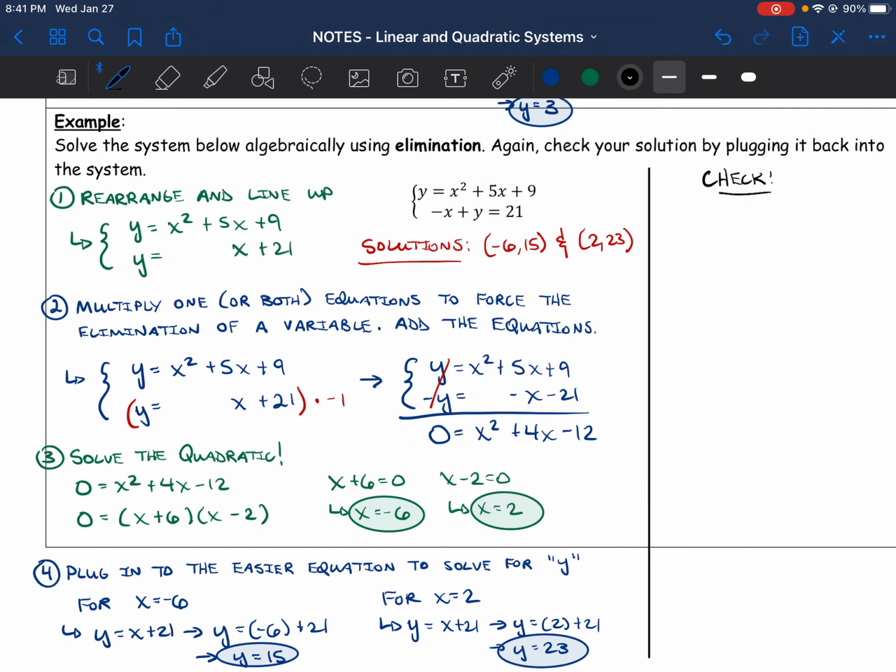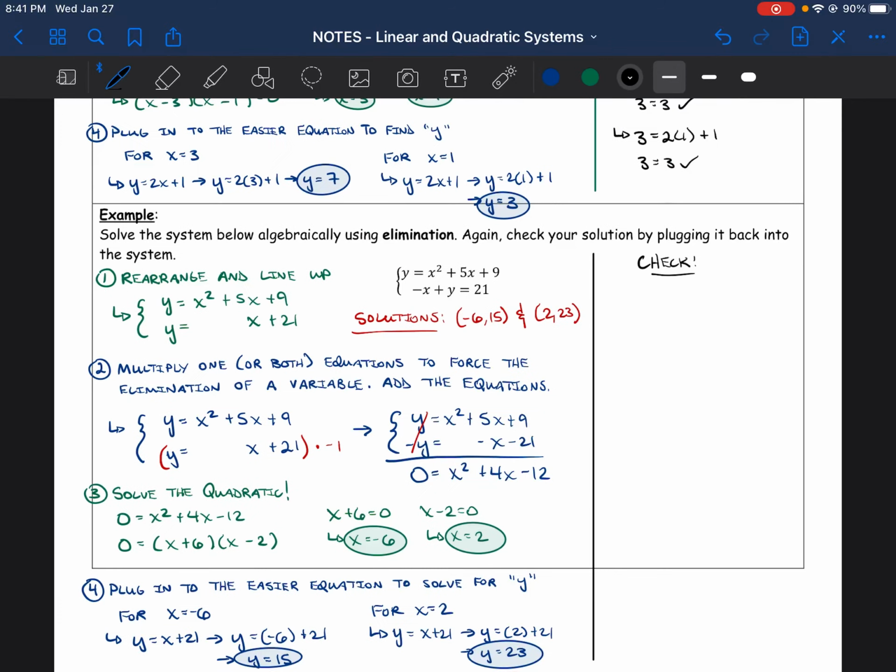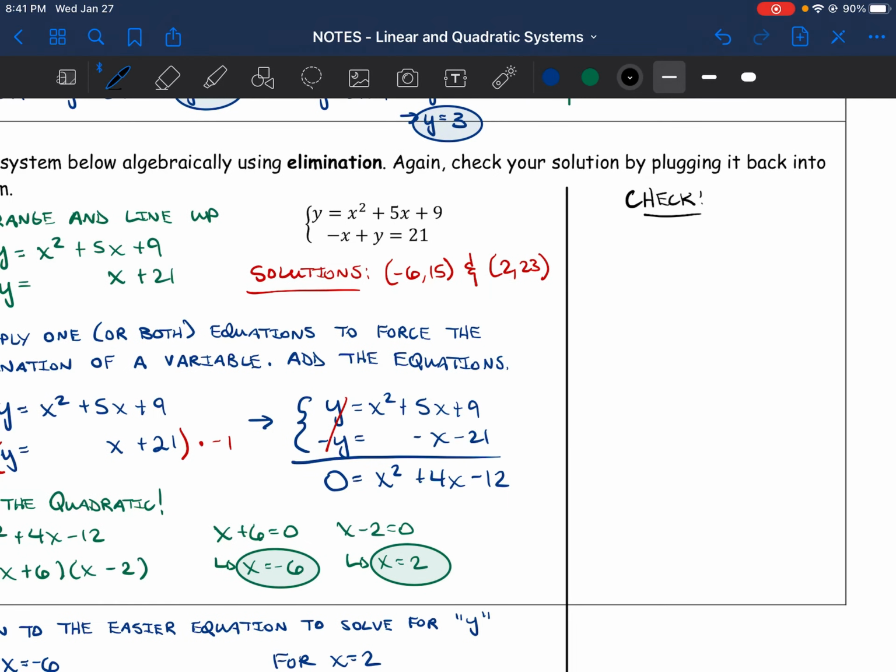And then again, let's go ahead and check these solutions. For the rest of the notes after this problem, we're not going to bother with checking every solution, but let's go ahead and check this one as well. So let's go ahead and check (-6, 15) first. Plugging it into the first equation, the y value is going to be 15 equals x squared, that's going to be negative 6 squared, plus 5x, that's going to be 5 times negative 6, plus 9.